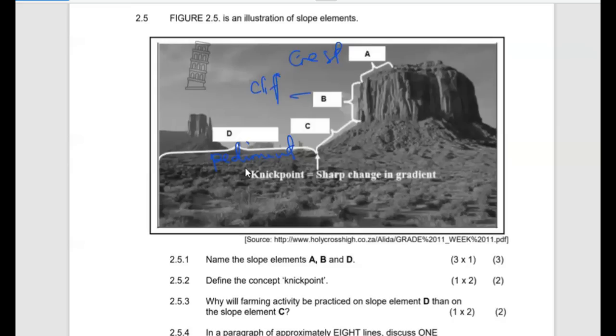Right, define the concept nick point. What is a nick point? I think it's slightly defined for us here. A nick point is a part on the slope where there is a sharp change in gradient.